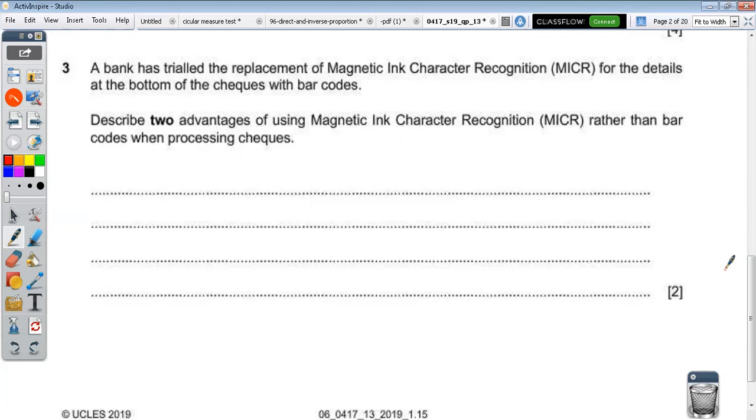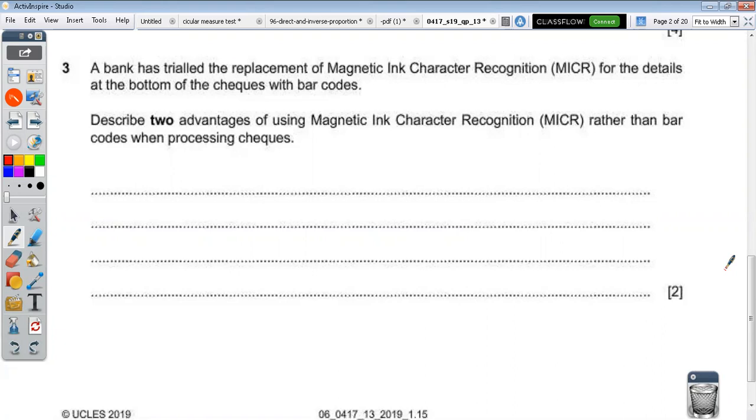What's the advantage? Two advantages, someone to try. Nyasha? Barcodes, what's the advantage? No one knows.